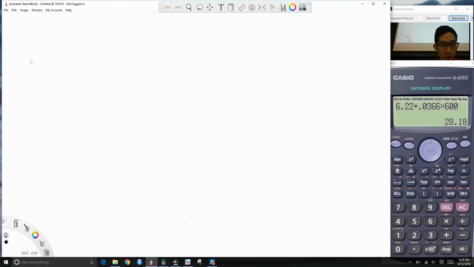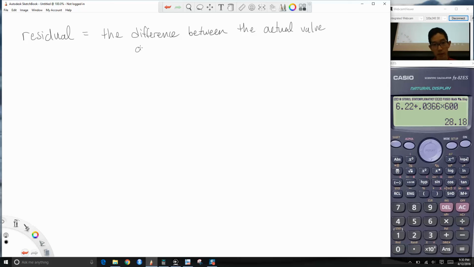There's this concept of a residual. The residual is the difference between the actual value and our prediction.